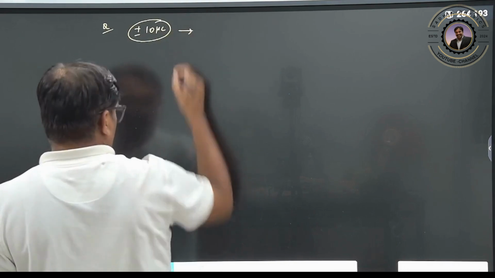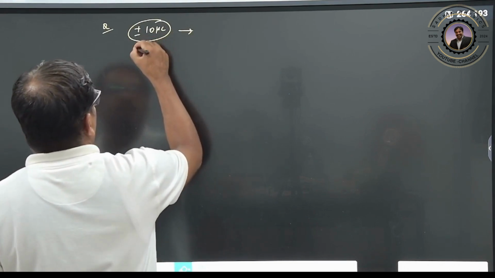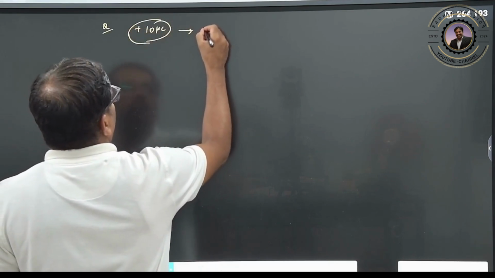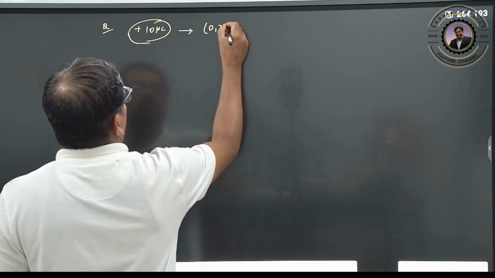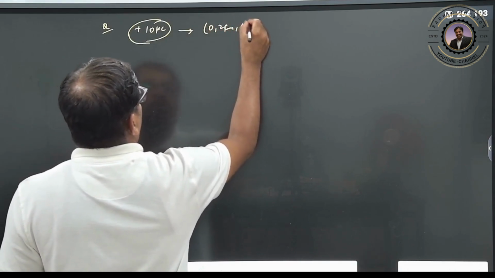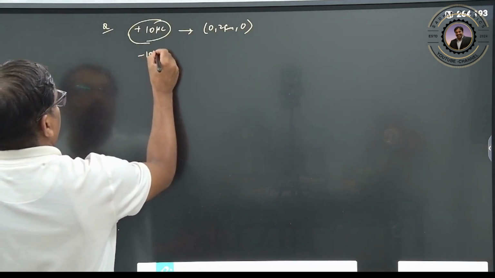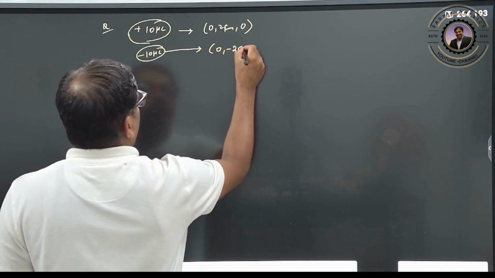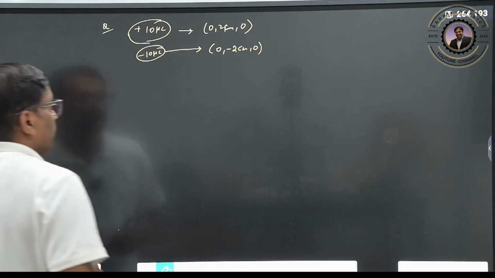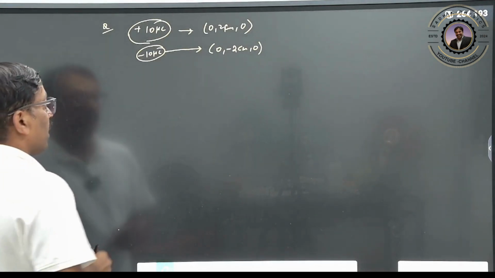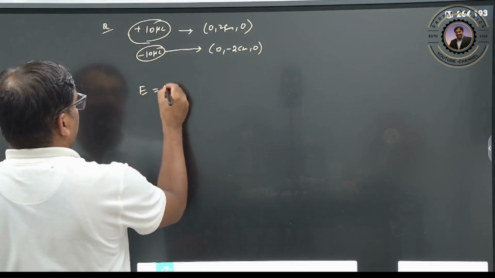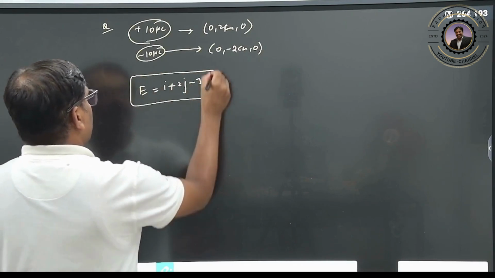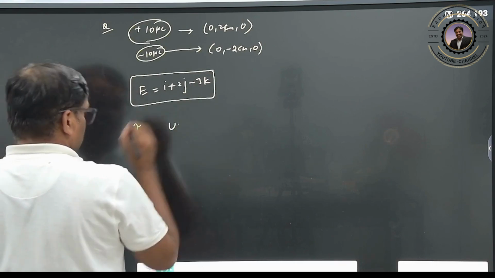So this is placed plus 10 microcoulomb at 0 comma 2 centimeter comma 0, and minus 10 microcoulomb, kept at 0 comma minus 2 centimeter comma 0, clear, right? And in this one, the electric field is i cap plus 2j minus 3k cap, and we want to calculate the torque and potential energy.